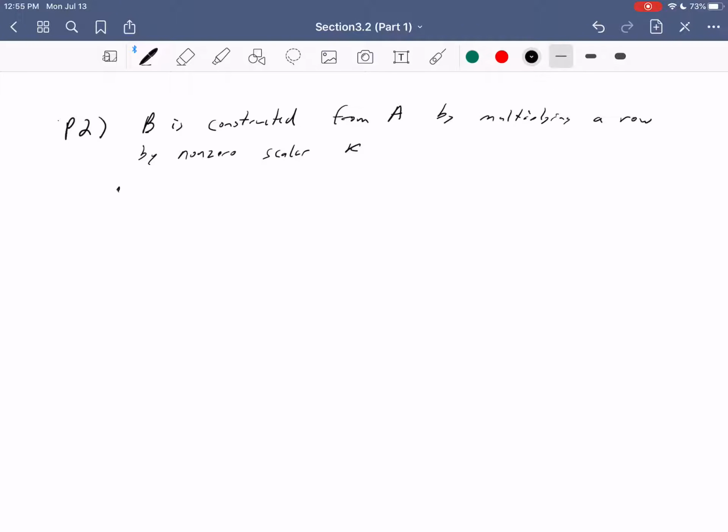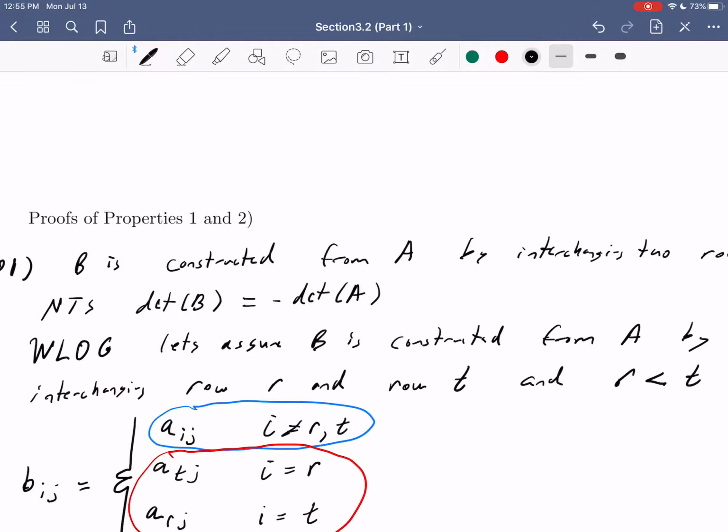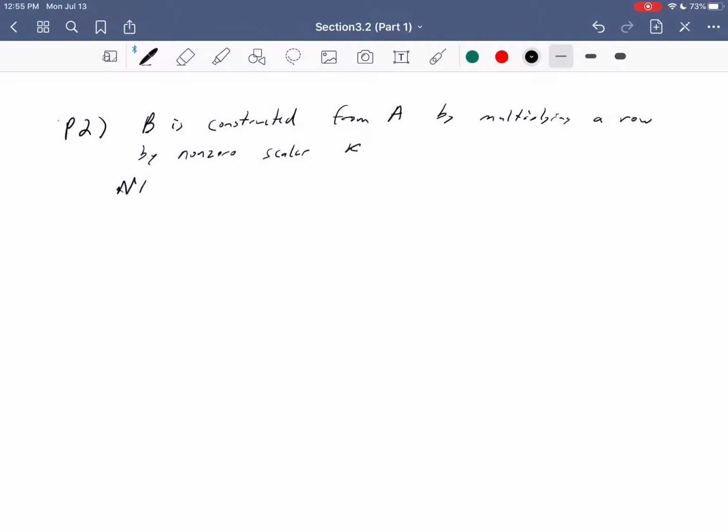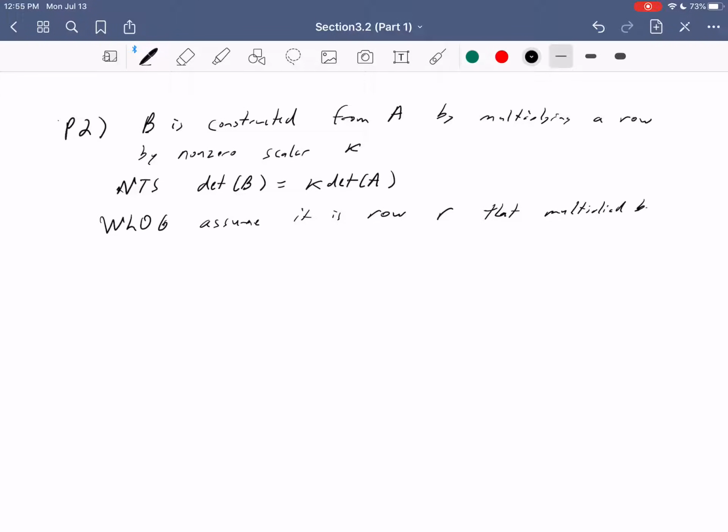Again, let's do the same thing. We need to show that the determinant of B is k times the original determinant. Same thing, let's say without loss of generality, assume it is row r that is multiplied by k.